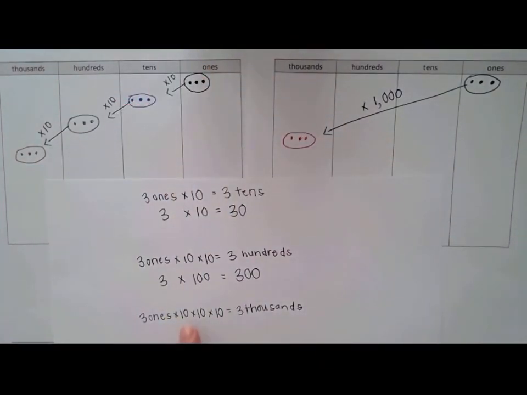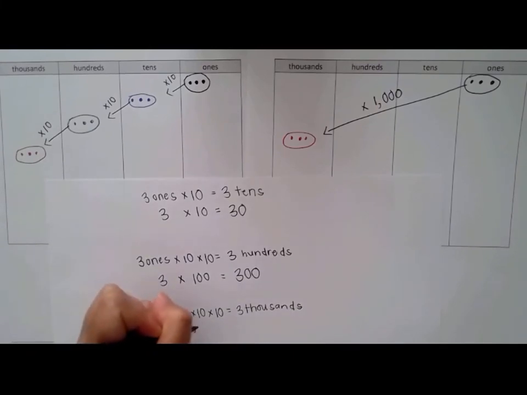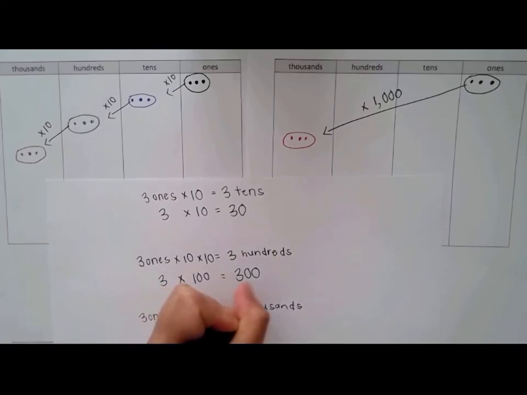So 3 ones times 10 times 10 times 10 equals 3 thousands, or 3 times 1,000 equals 3,000.